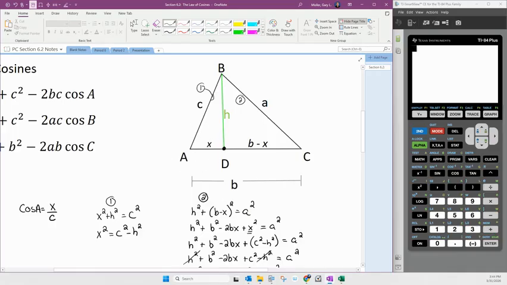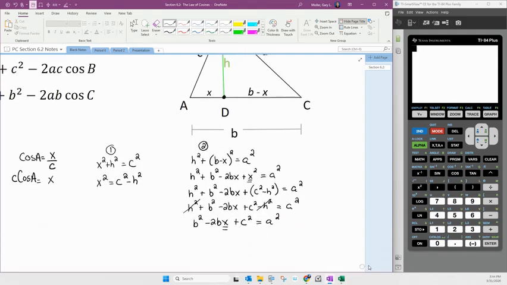So using cosine here relates my x and c together. So then I know that x is equal to c, little c, cosine of a, which allows me to do another substitution where I can plug this in for my x value. So now I have b squared minus 2 times b times c cosine of a plus c squared equals a squared.